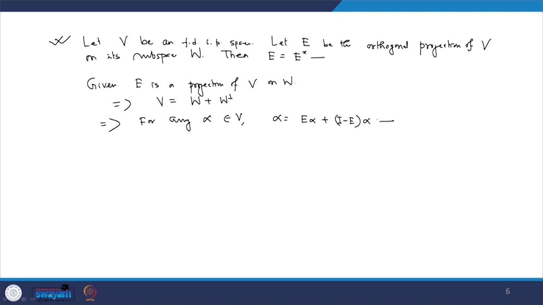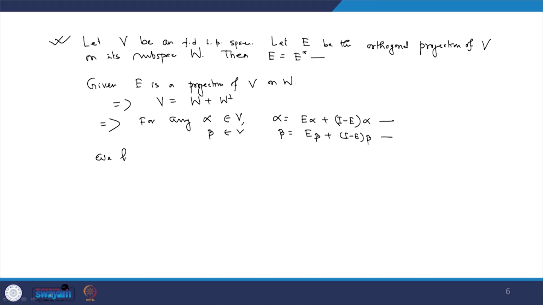We know the meaning of W and its orthogonal complement: any element of W will be orthogonal to its orthogonal complement. Similarly, beta can also be written as E beta plus I minus E operating on beta.